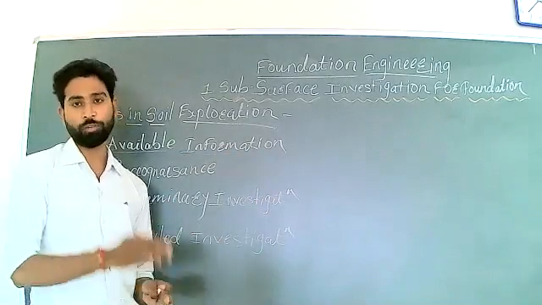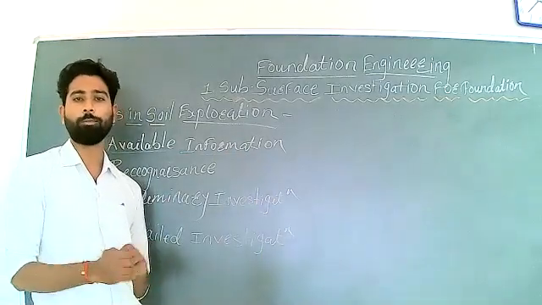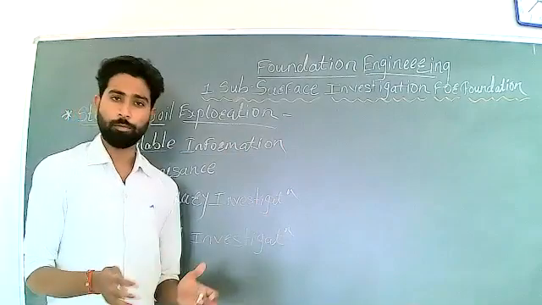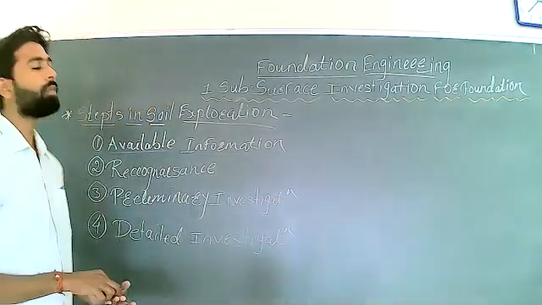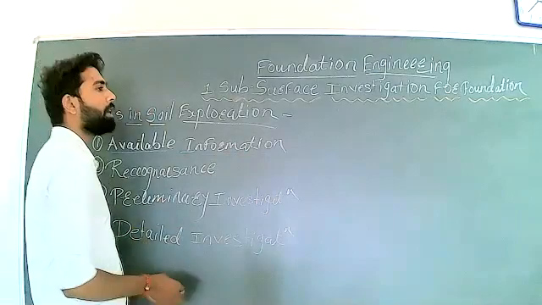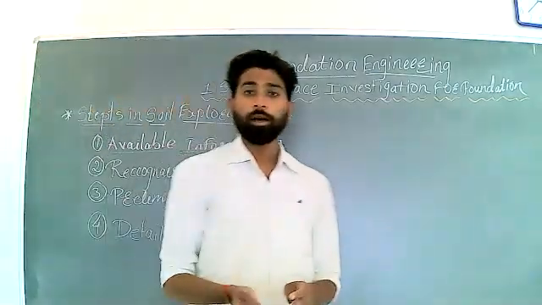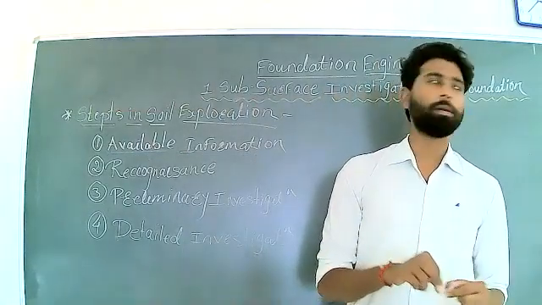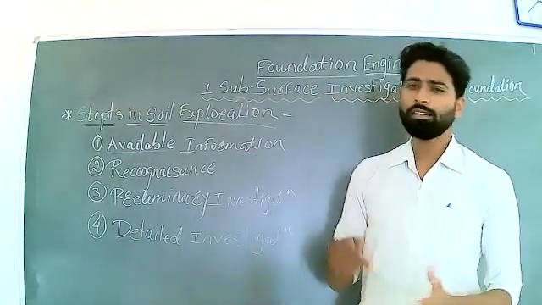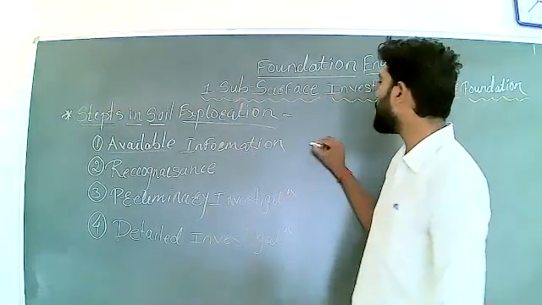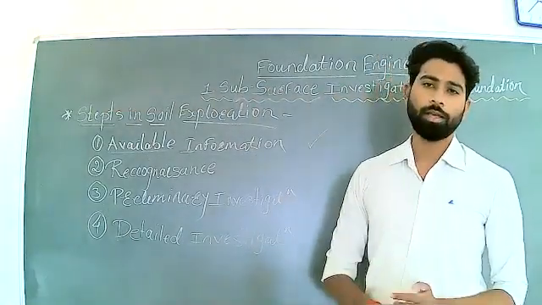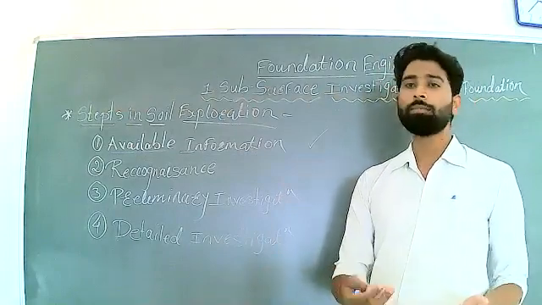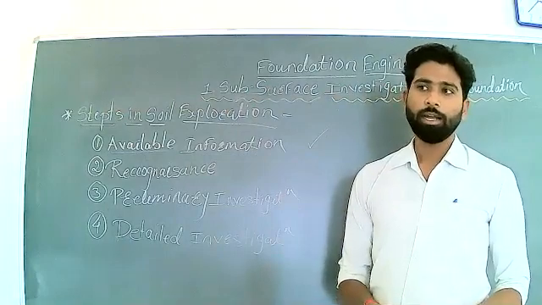If the available data is sufficient, then we don't have to move further, for example if the project is for a temporary purpose. If there is information from geological papers or previous projects nearby, we could use it as available information for our study. It reduces some of the tests to be conducted.